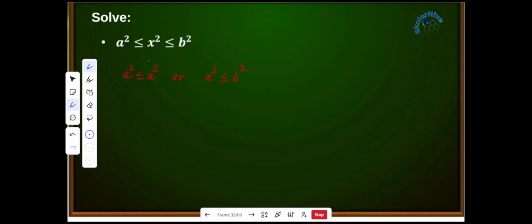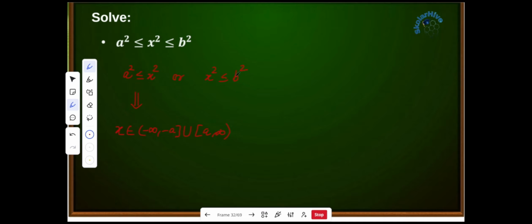From the first, x belongs from minus infinity to minus a, minus a included because of the equality, union a to infinity.